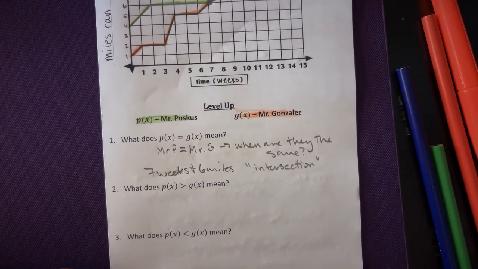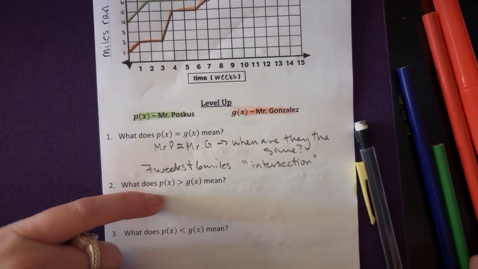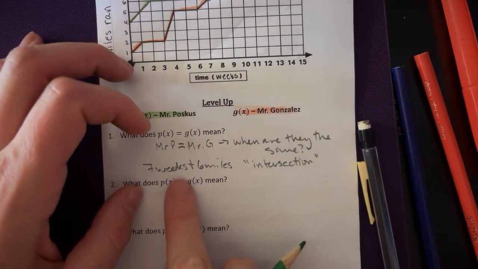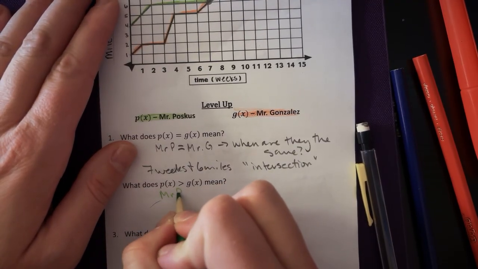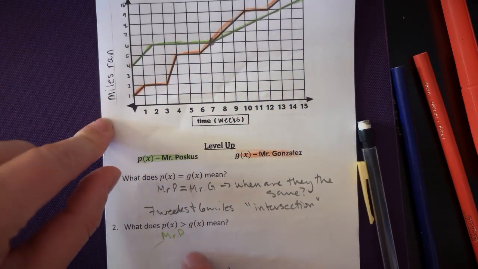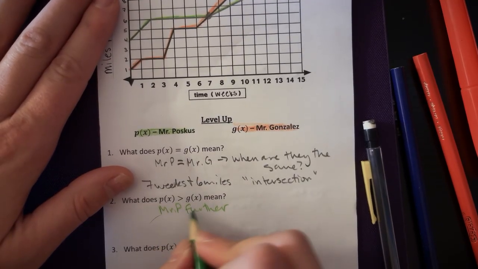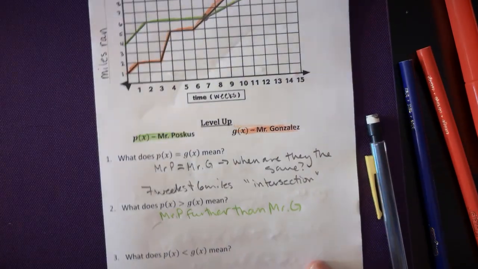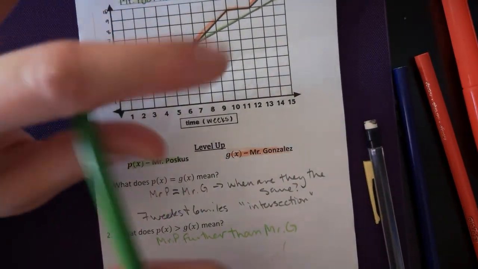All right, this next one here is what does P of X being greater than G of X mean? In class, there were 2 ways of saying this, but I'm just going to follow what this sign says. So this is saying when is Mr. Poskis, now P of X being greater, we weren't talking about time, it was about miles run. So when is Mr. Poskis further, because it's saying he's bigger, so further than Mr. Gonzalez. What time frames? Well, all of that is on the graph.